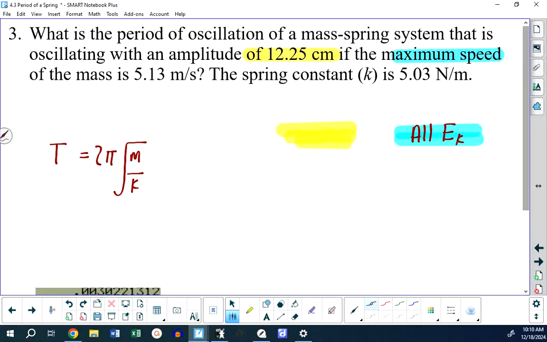And the maximum displacement corresponds to all potential energy. So what we have to do, and I talked about this in yesterday's lesson with an example, is sometimes you have to use conservation of energy to find something before you can answer a question.